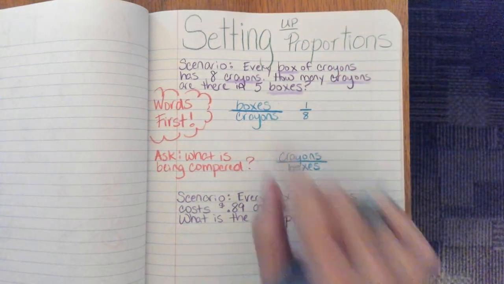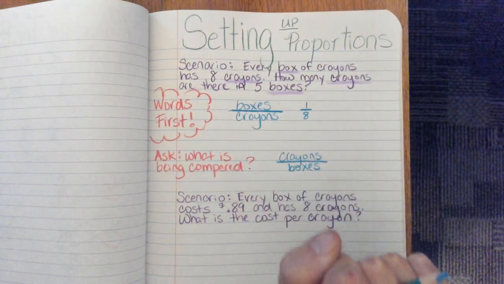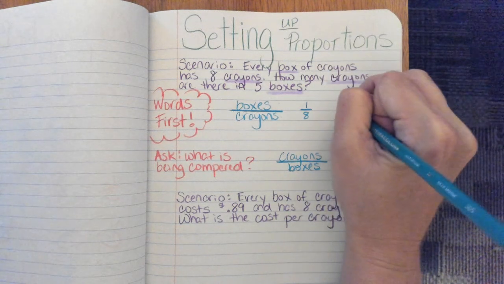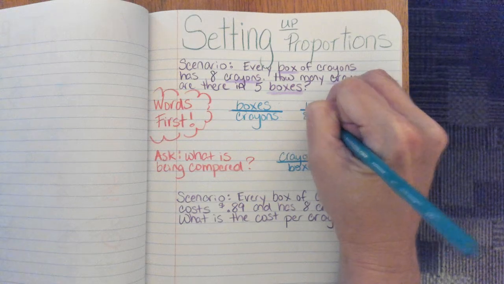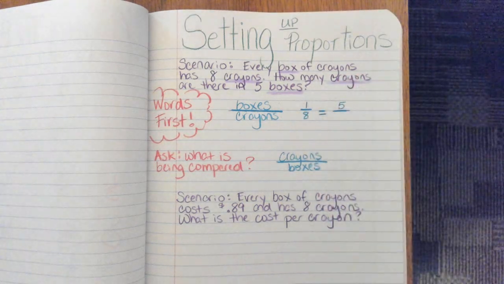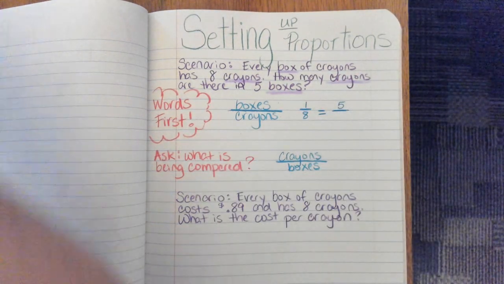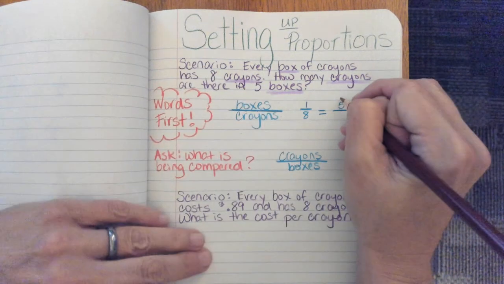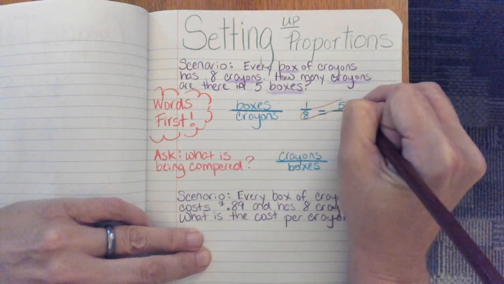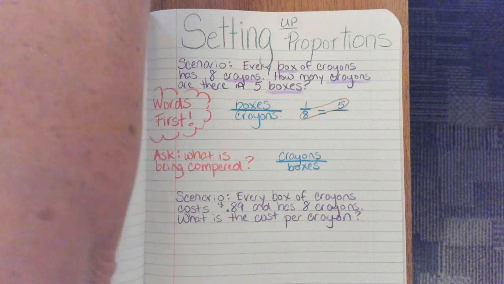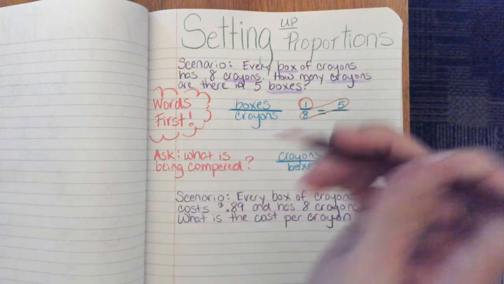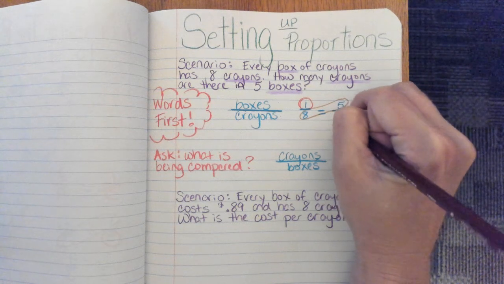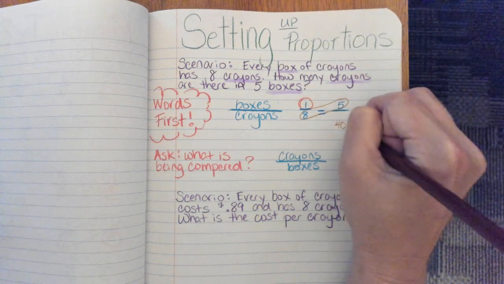How many crayons are there in 5 boxes? 5 boxes. And then put your equal sign, because for it to be a proportion, there has to be an equal sign. And then there's your missing number. So there's your bat and there's your baseball. So 8 times 5 equals 40.